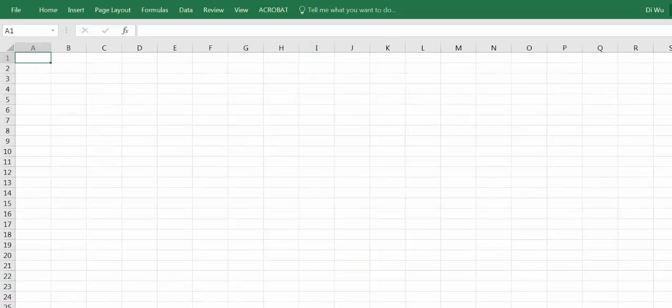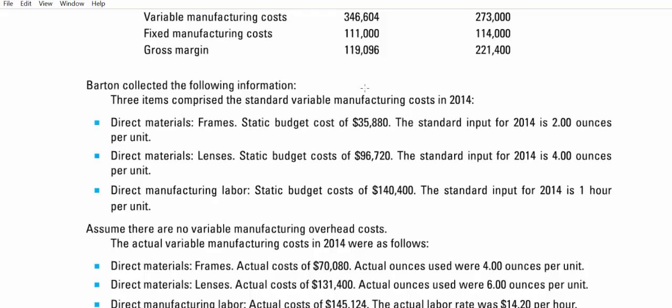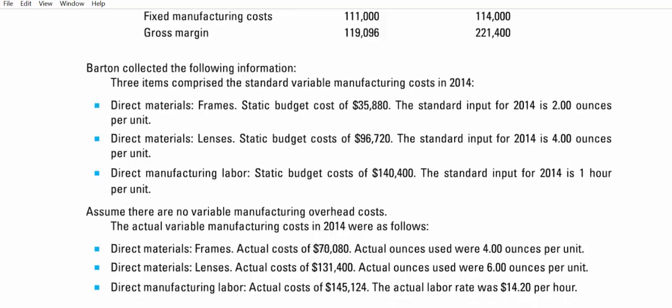I'm going to open another Excel as a kind of scratch paper so I can get to the numbers. DM frames. Let's take a look at how to find the cost rate, per ounce, how much it is. For frames, the actual is 70,080 divided by 4, then divided by 7,300.